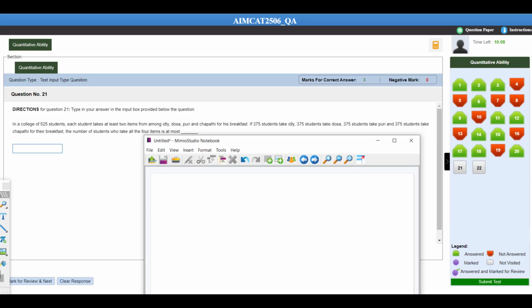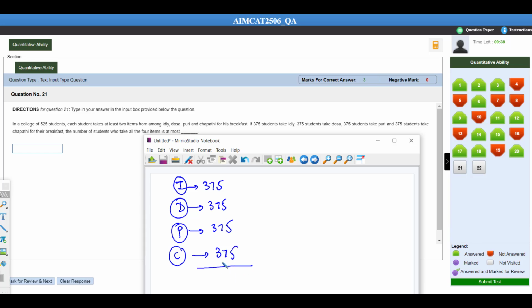So let's use a token concept over here. The 375 students who are going to eat idli will be given idli tokens. Then dosa will give 375 dosa tokens to the people who are eating dosa. In the same way, 375 tokens to the people who are eating puri, and then chapati will give 375 tokens.